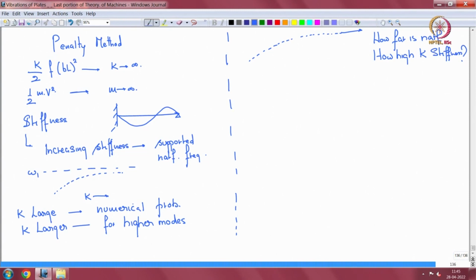Now, there is an interesting fact mentioned in the text: you can implement it using a negative stiffness also, that means minus k by 2 f. And in this case, the natural frequency is approached from above. It is interesting.